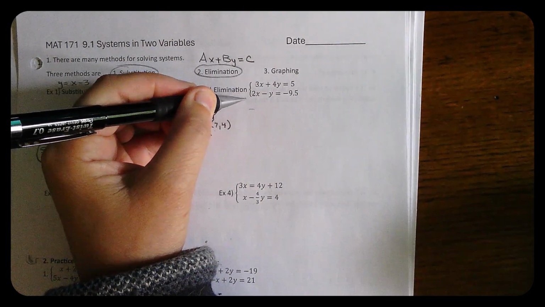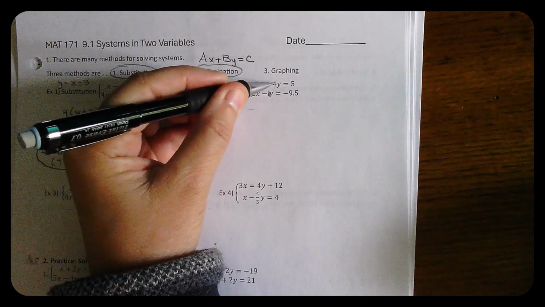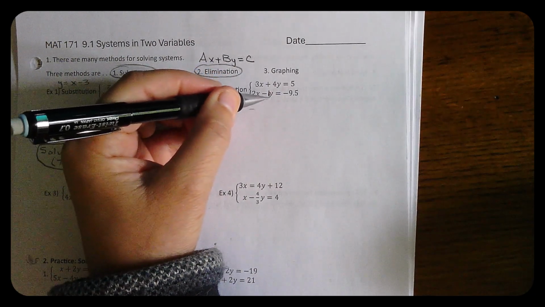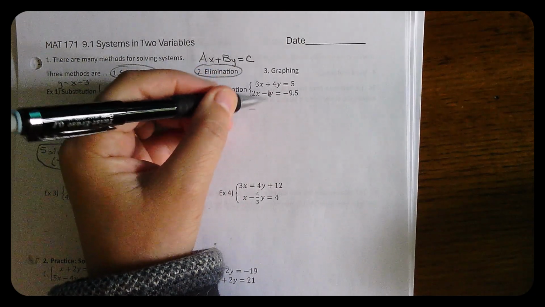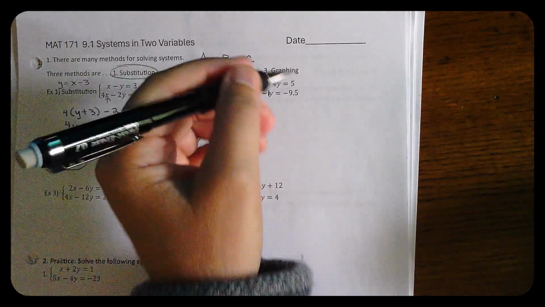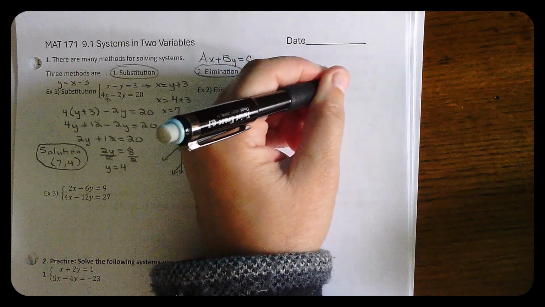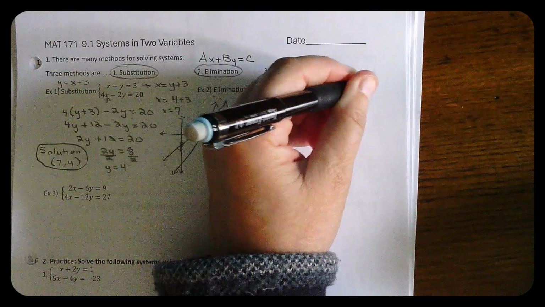I could do that. Or I could look over here and see the least common multiple of 4 and -1 is just 4. Okay, so this is a little less work because there's already a 4y here. So I'm going to rewrite that. 3x plus 4y equals 5.